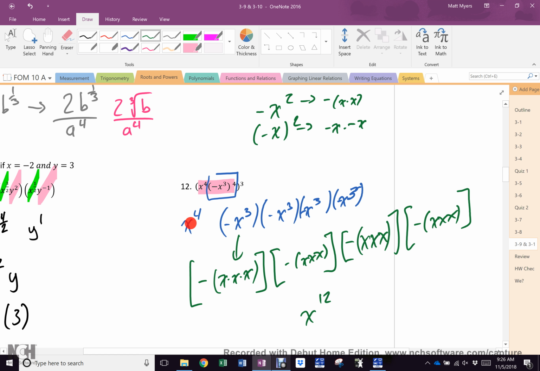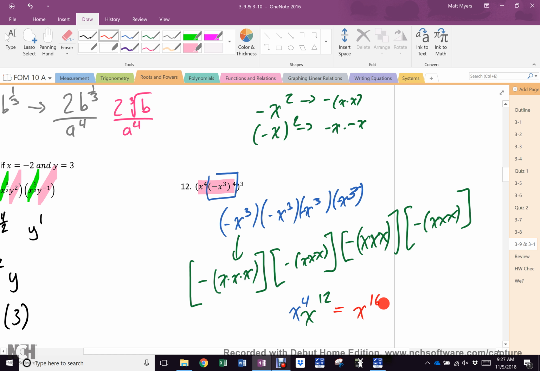And then what did we have at the very beginning? What's outside of the blue box but still in the brackets? x to the fourth. So what happens when I then bring x to the fourth back to the party? What do I get? X to the 16th.